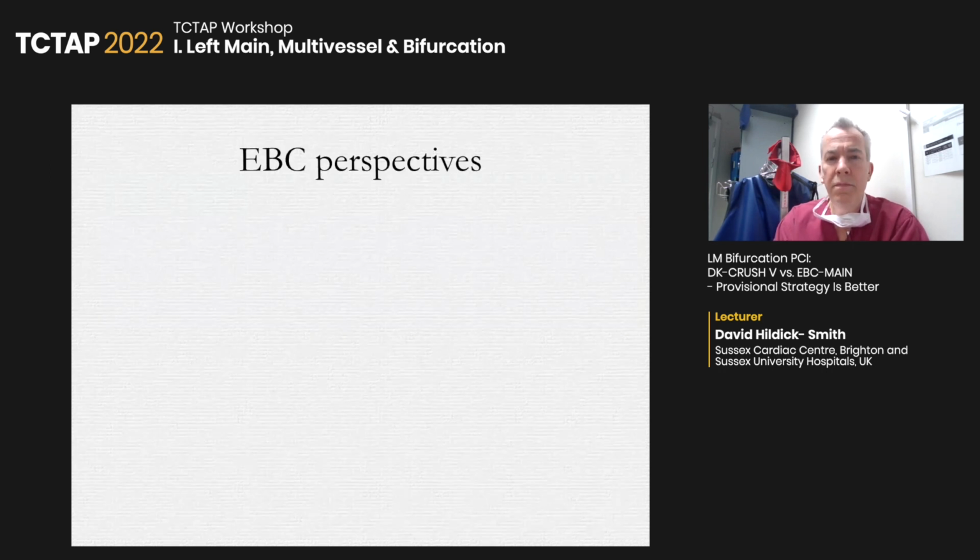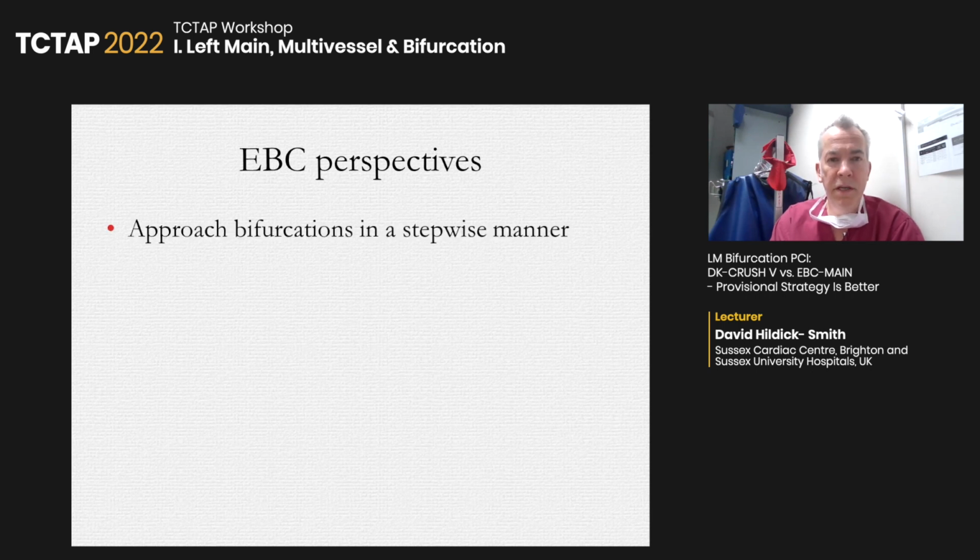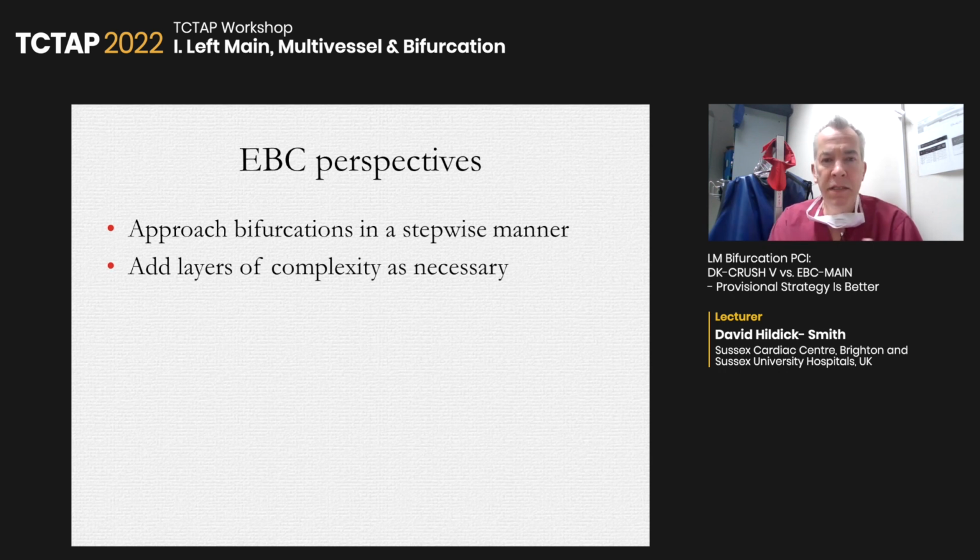The perspectives of the European Bifurcation Club have been developed over the last 15 years or so, and have taken the philosophy that you approach bifurcations in a stepwise manner, adding layers of complexity as necessary, rather than prejudging the anatomy and deciding up front, I will use two stents.